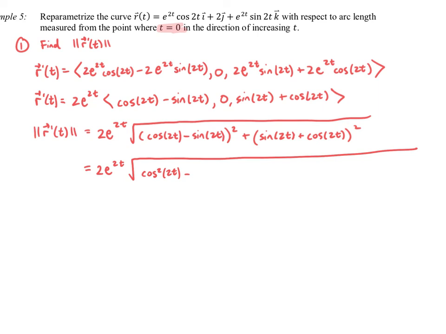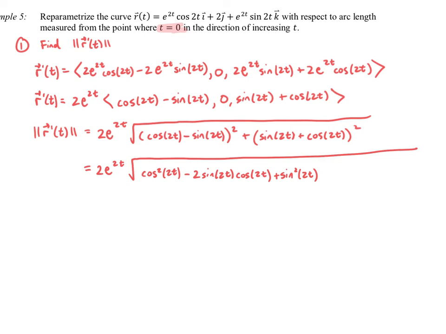So in other words, what we get is 2 of those. Again, if I lost you there, what we're doing is we're just distributing, we're foiling this out. Then we have positive sine squared of 2t. So our first set right here, I've just expanded out.